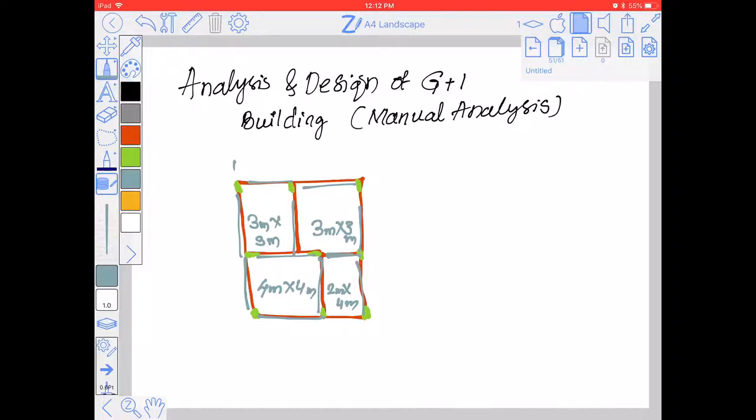Including wall thickness, the dimension of this building will be around this. We'll consider a 9-inch or 230 mm wall at all locations; the partition walls as well as the exterior walls are the same.